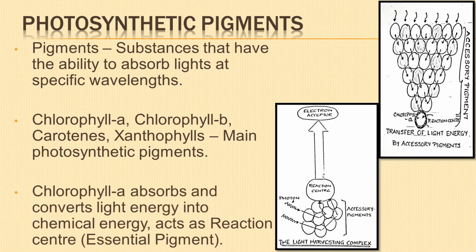Chlorophyll A is the only pigment that can absorb and convert light energy into chemical energy. Hence, it is called the essential pigment and it acts as the reaction center.